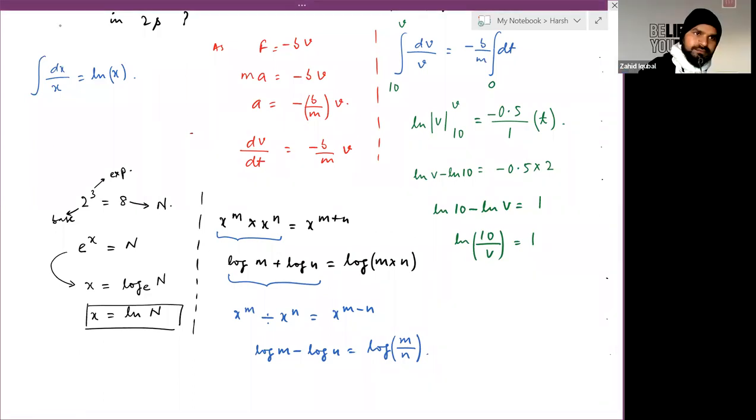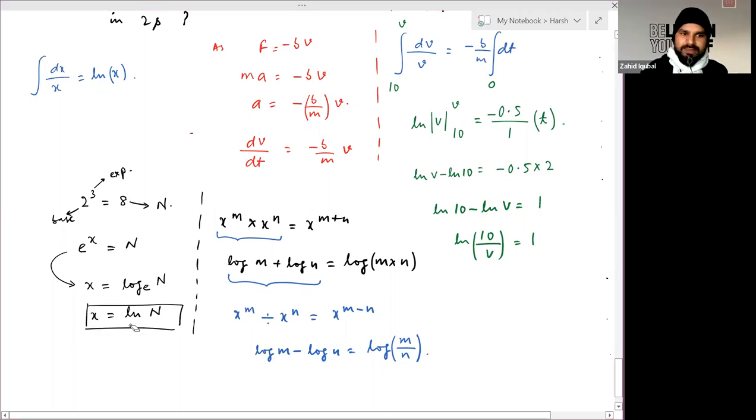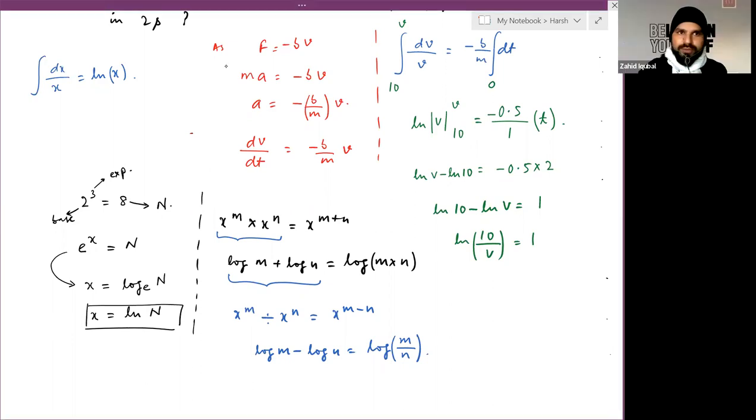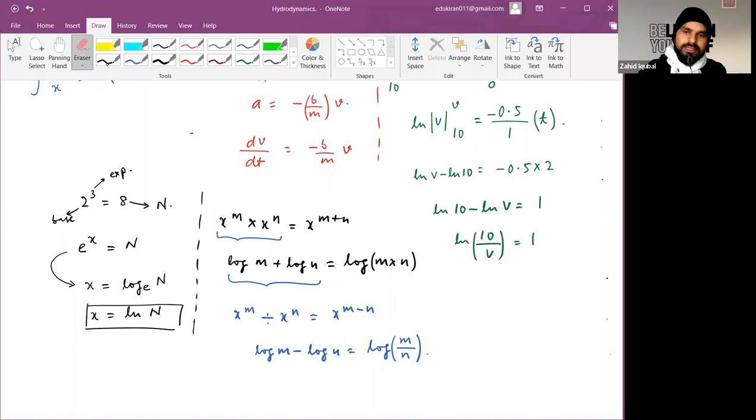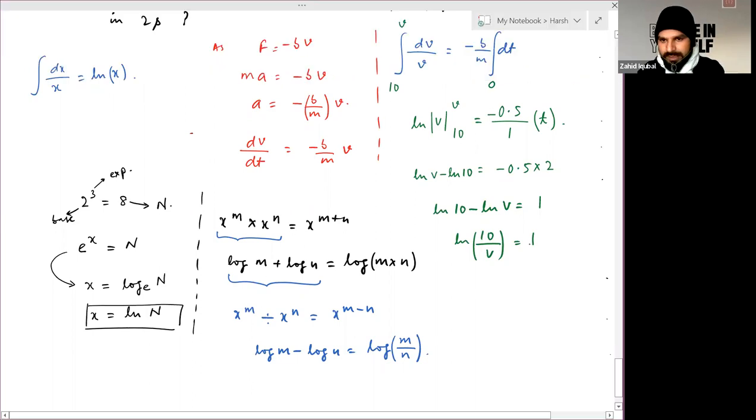Now just see this expression. We have x equals ln n. On reversing, we may write it in this form. If you remove the ln, the quantity will be raised as an exponential function.